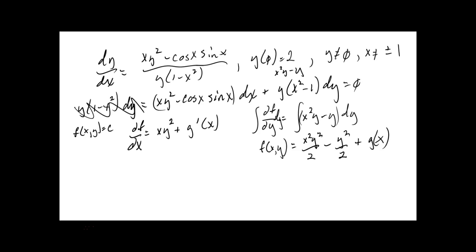That g prime had better be a negative cosine x sine x. And let me write it this way. dg dx had better be a minus cosine x sine x. Okay.